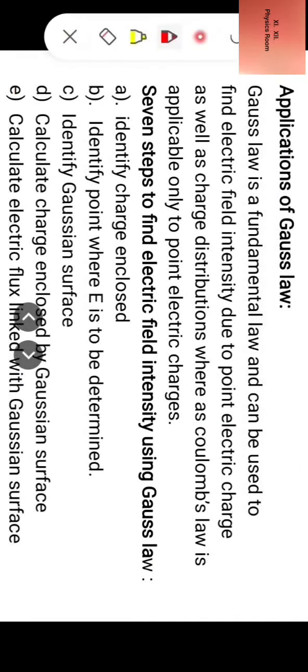Continuing with Gauss law, today we take up applications of Gauss law.